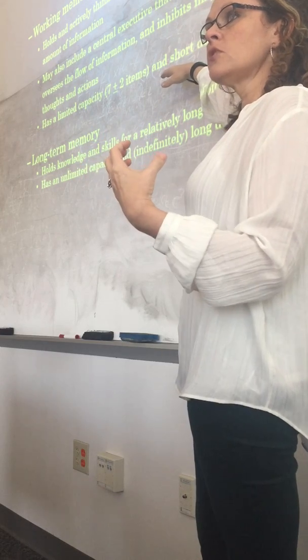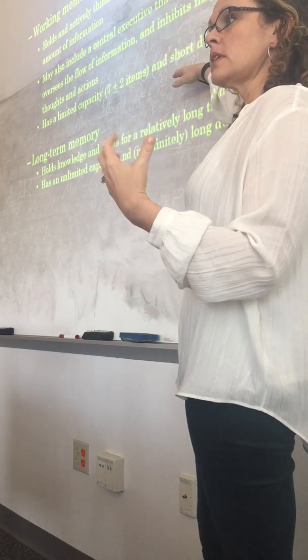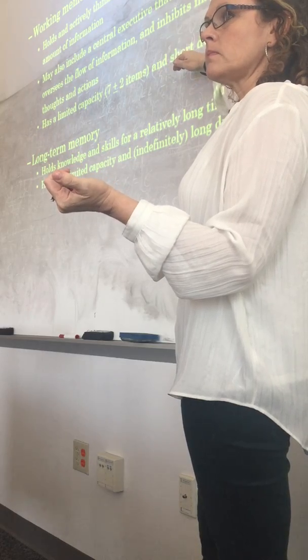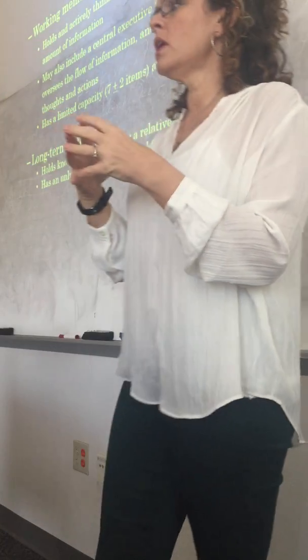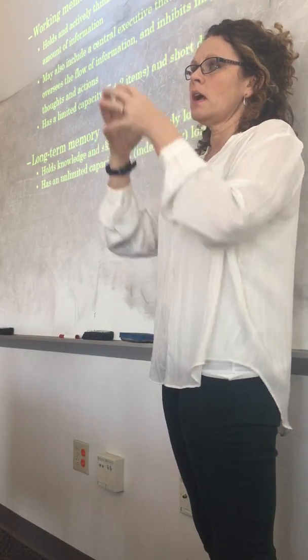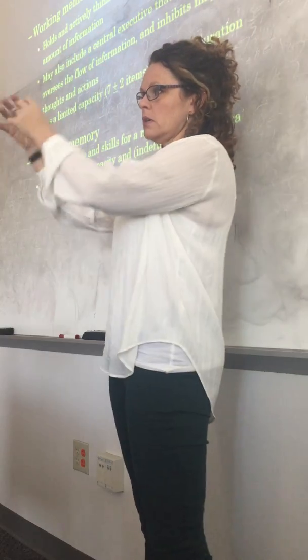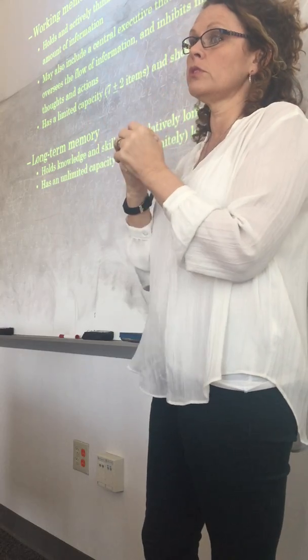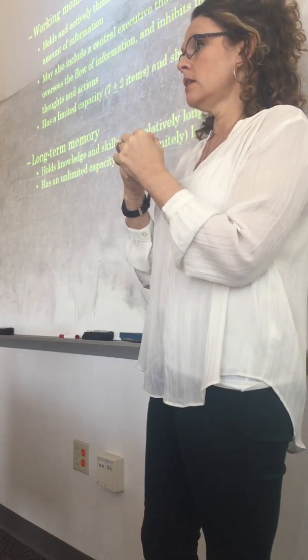We can trick our short-term memory into doing things like with chunking. And what is chunking? Can y'all tell me what chunking means? You group things together. So what is something that you have memorized in chunks? Phone numbers are a great example. Your social security number, your student ID.